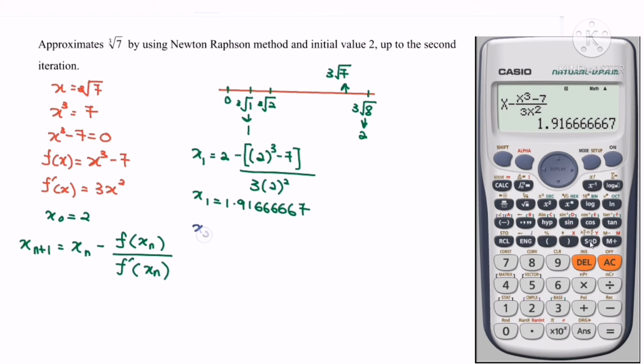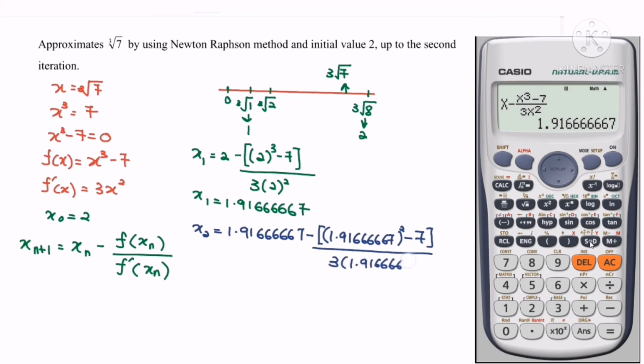Okay, so repeat the situation. x2 will be equal to 1.9167 minus the situation: 1.9167 to the power of 3 minus 7 over 3 multiplied with 1.9167 to the power of 2.